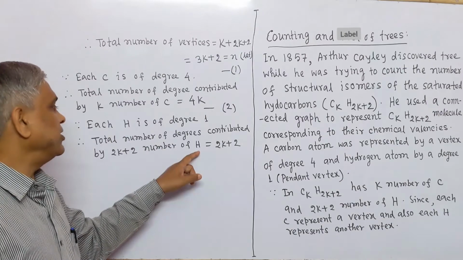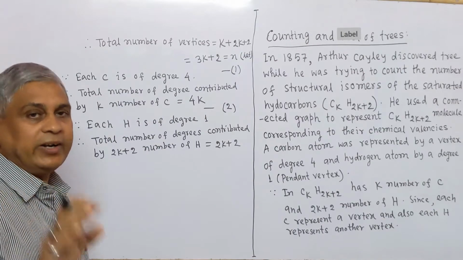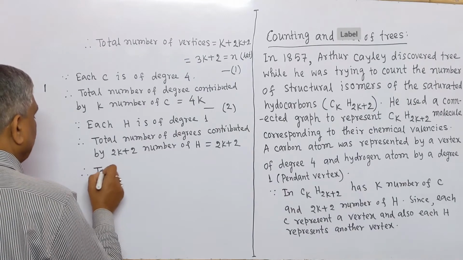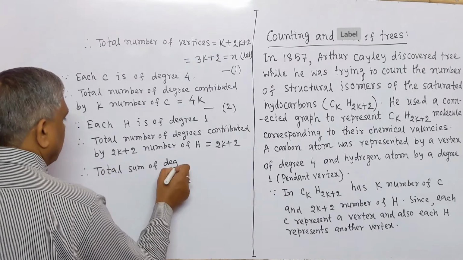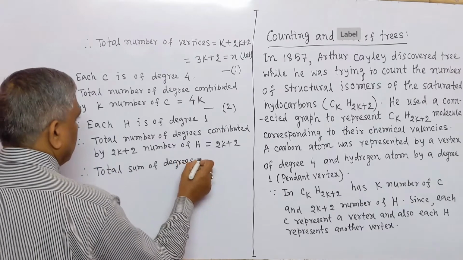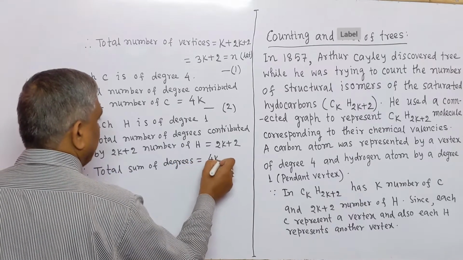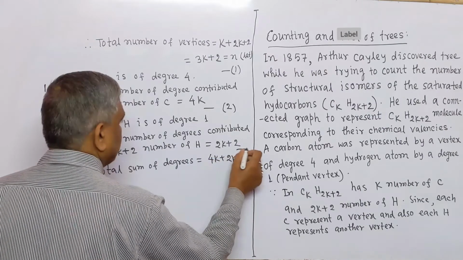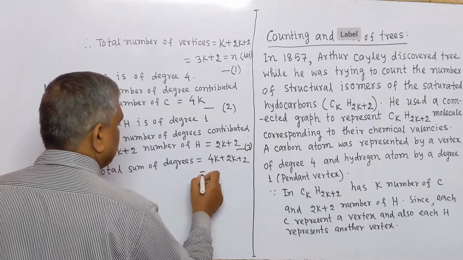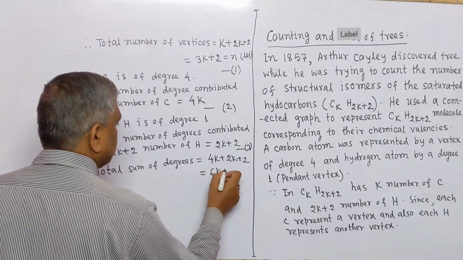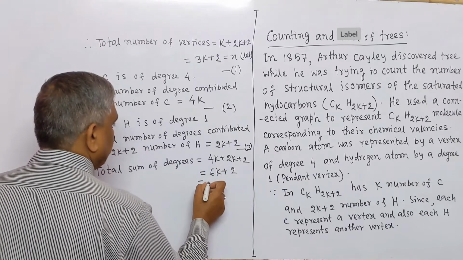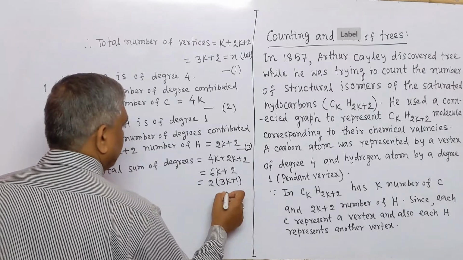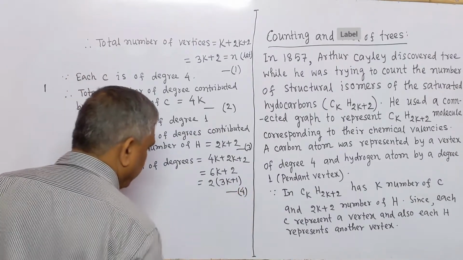Since 1 H gives rise 1 degree, therefore total sum of degrees equal to 4k plus 2k plus 2. This is number 3, and this is equal to 6k plus 2, and this is equal to 3k plus 1. This is number 4.